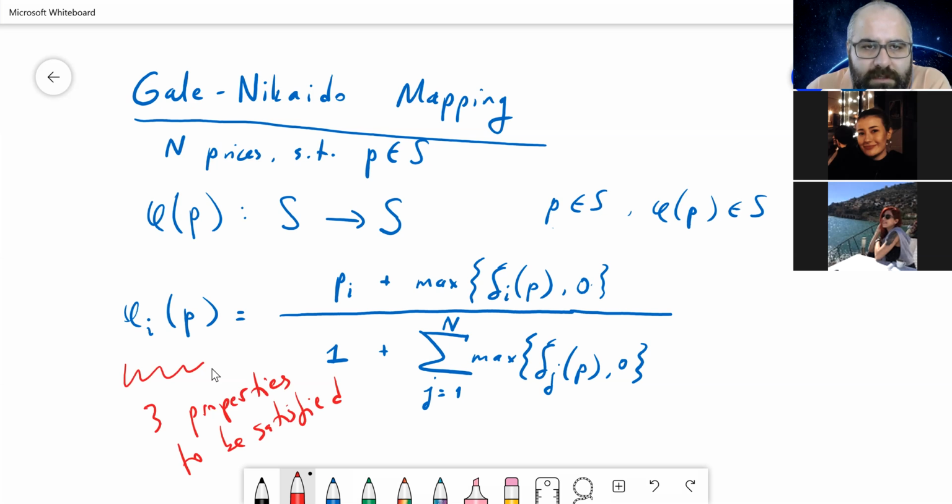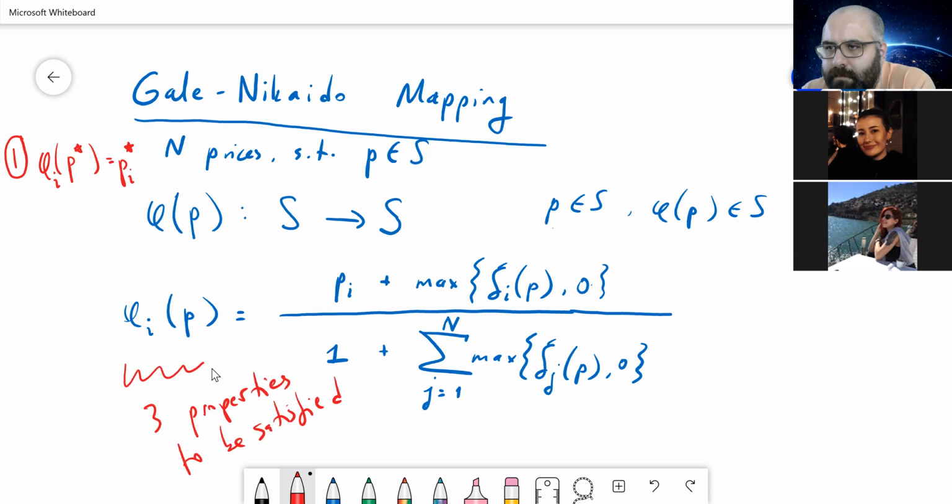Let me use this area. First, if we are at equilibrium, we must have no adjustment, right? Does everybody understand that? Because if I am already in equilibrium, if P is already equal to P star, then there must be no adjustment.